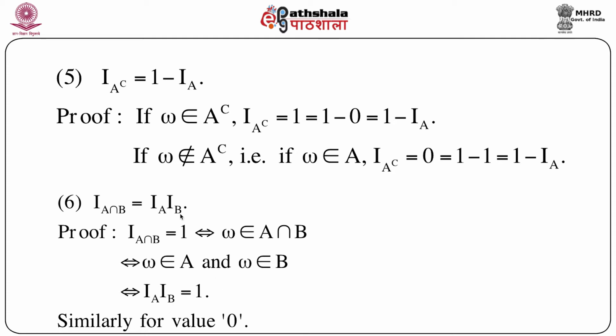Now this proof is complete but only for the value of 1. So we have to prove the same thing for the value 0. That means when this indicator function takes the value 0, and if we follow the same logic, we can easily see that even for the value 0, I of A intersection B equals IA times IB. So this proof is complete.